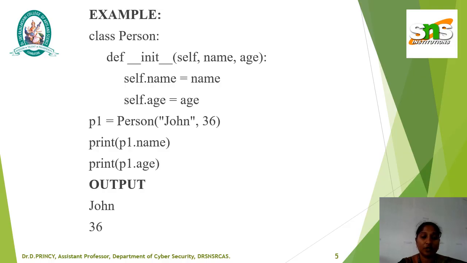After that, I'm creating an object: p1 = Person("John", 36). I pass two parameters. John is assigned to the variable name, and 36 is assigned to the variable age. So after the formal parameters receive them, the values are assigned to name and age. Then I'm printing the name and age. The output will be John and 36.